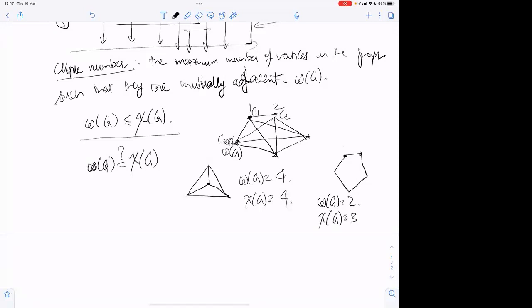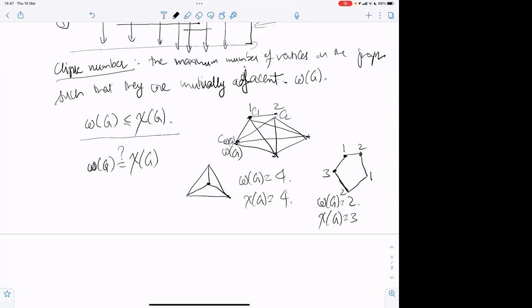Why? Because you have 1, 2. Suppose I want to color with 2 colors, but then this is adjacent to both things colored 2, and therefore this must be colored 3. Correct?